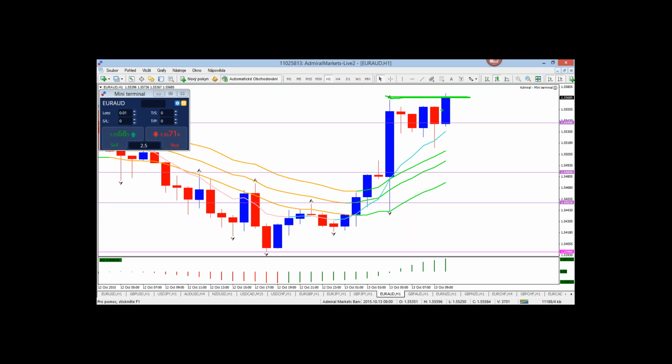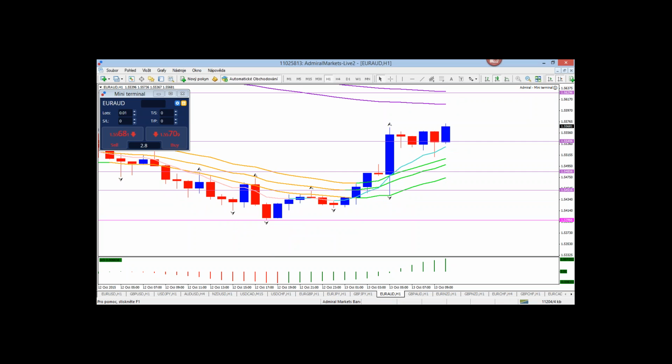So from that point of view, it could be good to let this hourly candle close and maybe wait for a small pullback to square up that candle, for instance. Stop loss here probably would be good, and target there.